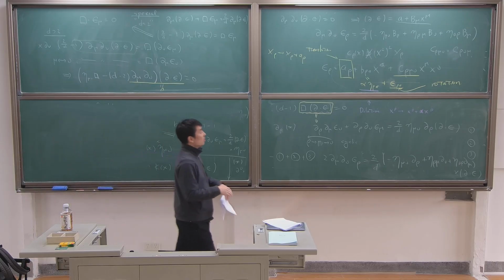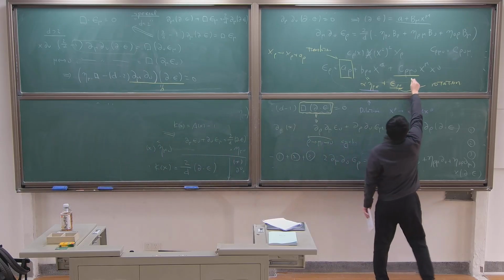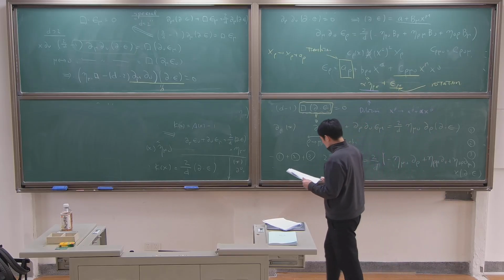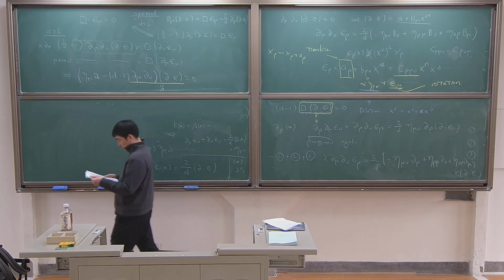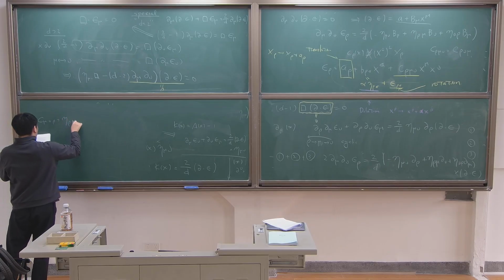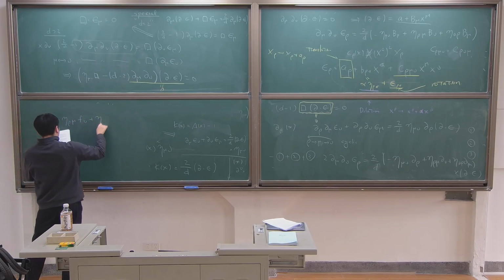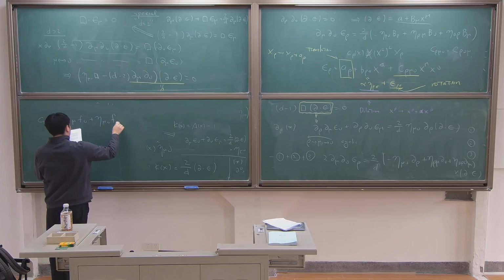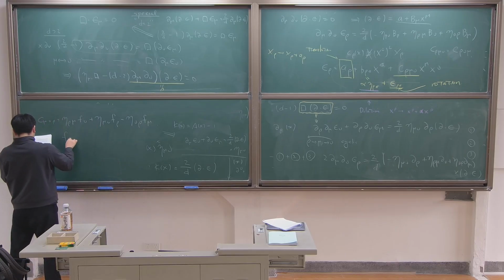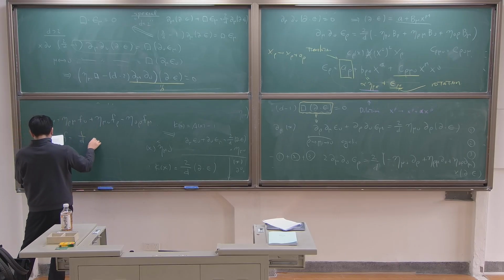If you plug this one in upstairs, what you get is as follows: C_{mu rho} plus eta_{rho mu} f_mu plus eta_{mu} f_rho minus eta_{mu rho} f_mu, where f is 1 over d.